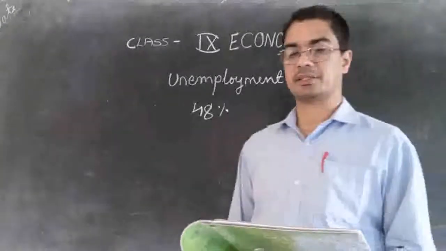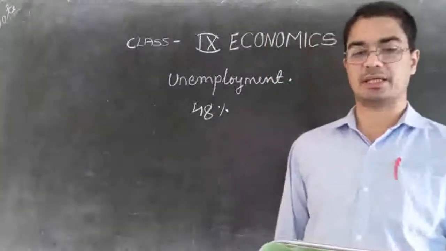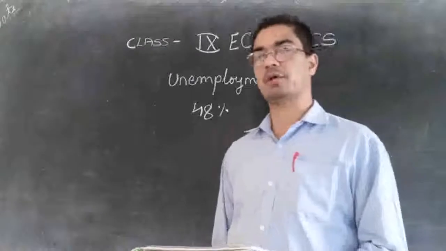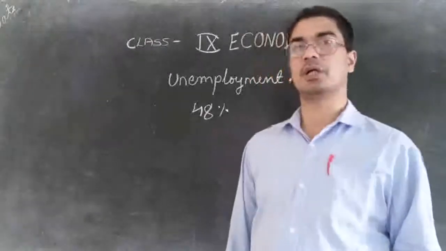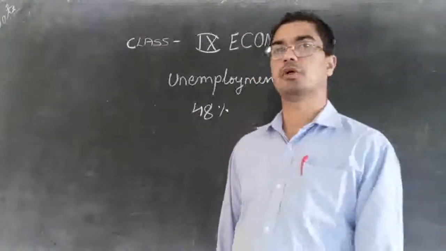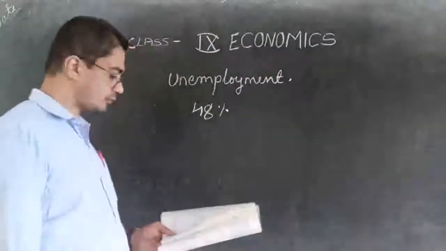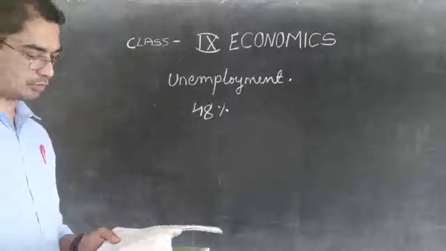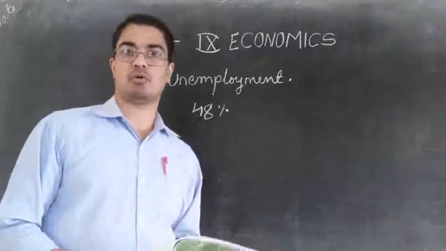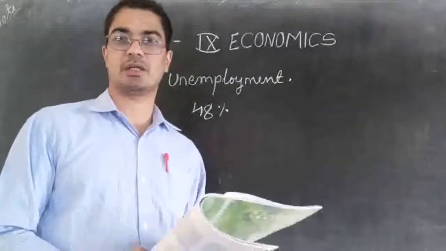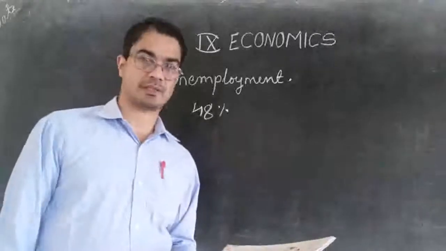So in the secondary sector, small scale manufacturing is the most labor absorbing. We said in the primary sector, agriculture is the most labor absorbing. Most of the people are working in agriculture in the primary sector.